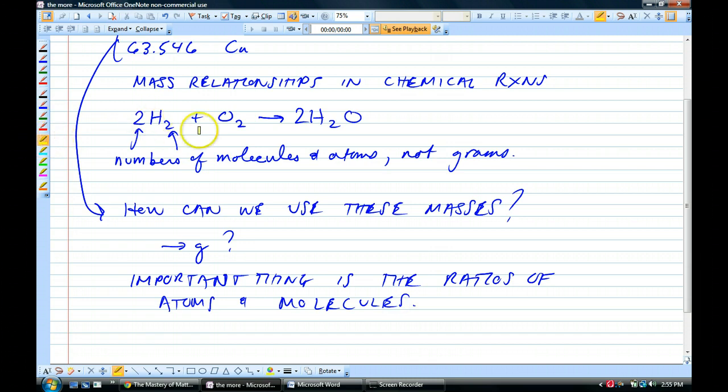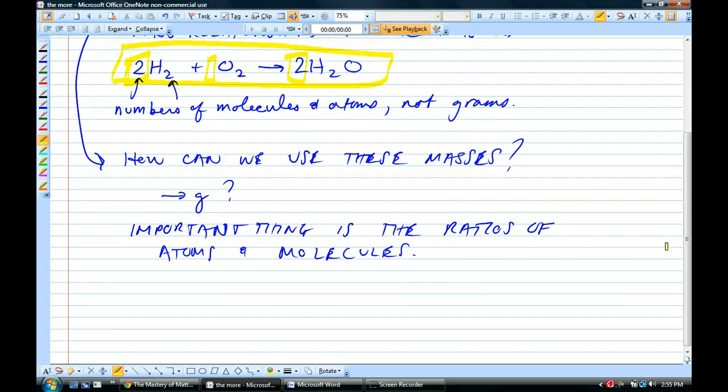What I mean by that is this equation, the important thing in this chemical equation is that it is a 2-to-1 ratio of hydrogen to oxygen molecules required. All right? Or a 1-to-1 ratio of hydrogen required to water produced, and so on. So it's really the ratios that are important.